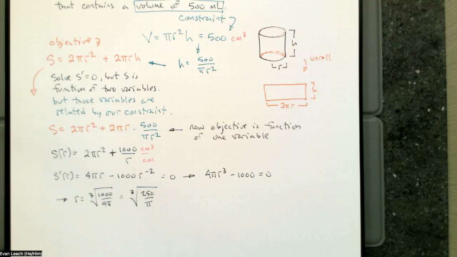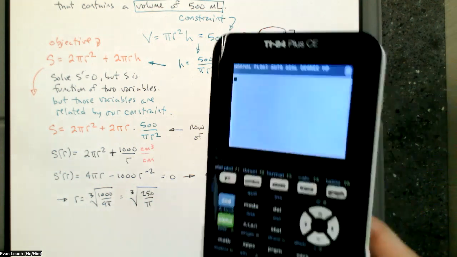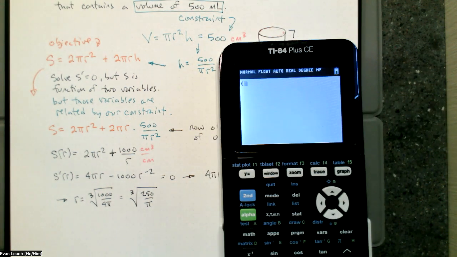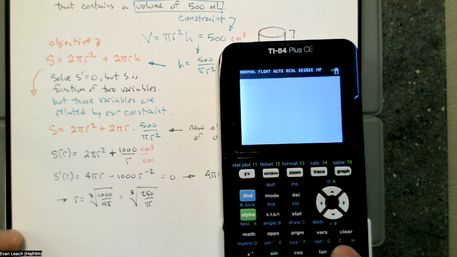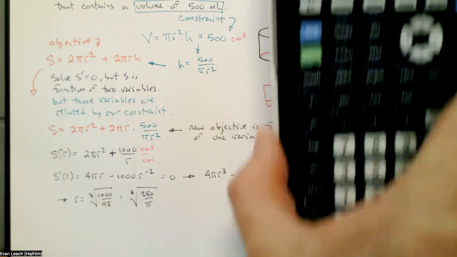Approximate that just so we have an idea of what's going on. So the cube root of 250 over pi is about 4.301.